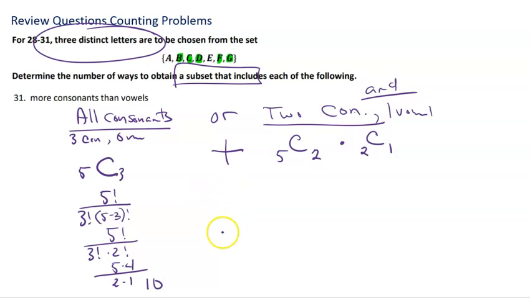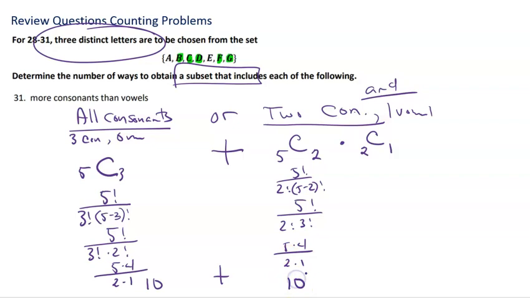And then plus, okay, we're going to do this calculation. So 5 choose 2, that's 5 factorial over 2 factorial times 5 minus 2 factorial. That's going to be 5 factorial over 2 factorial times 3 factorial. Hey, that's familiar. So that's 5 times 4 on the top. The 3 factorials cancel. 2 times 1 on the bottom. I also get 10.